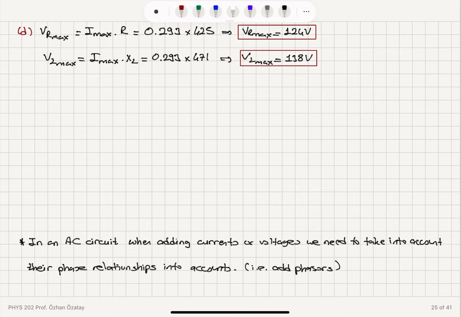And we can calculate the maximum voltage across the capacitor, VC max, as I max multiplied with XC. This is 0.293 amps times 758 ohms. The maximum voltage across the capacitor will be 222 volts.